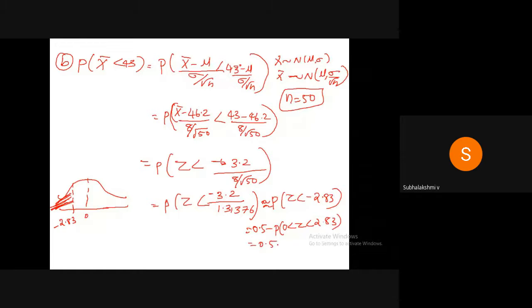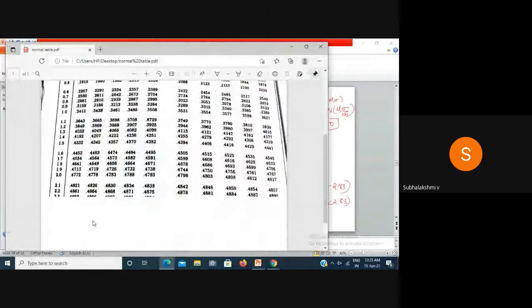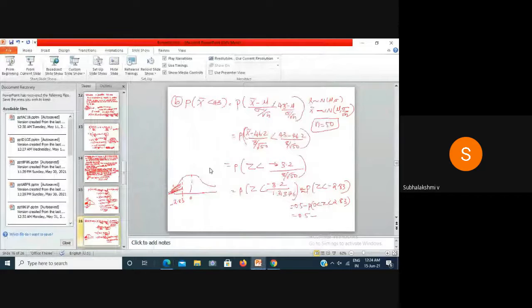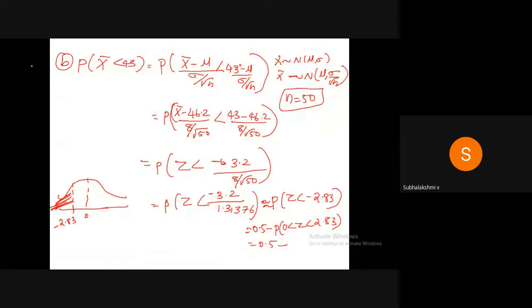Using the normal table, find the probability for the Z value 2.83: going through 2.80, 2.81, 2.82, 2.83, we get 0.4977. So 0.5 minus 0.4977 is approximately 0.0023. This is the required value.